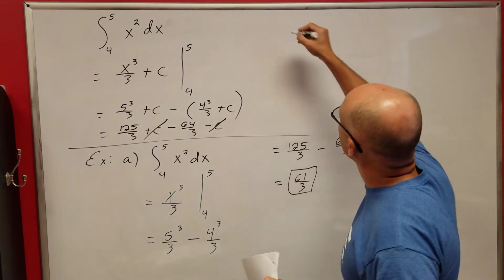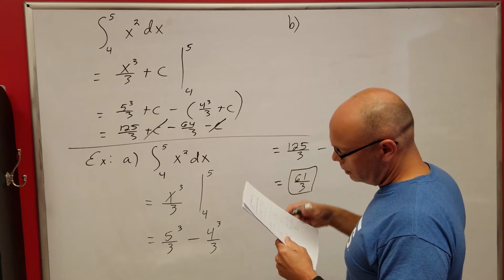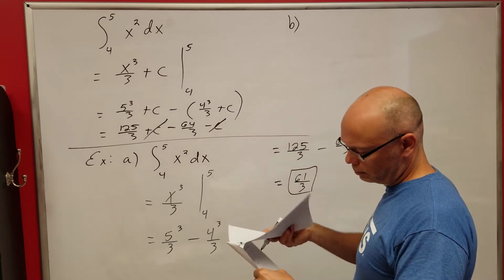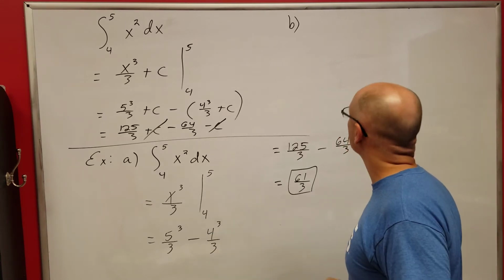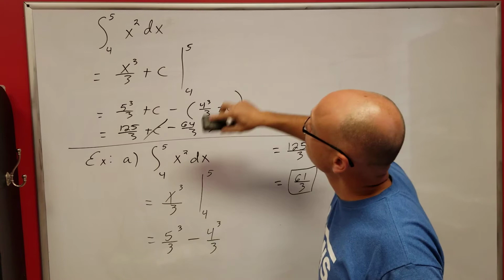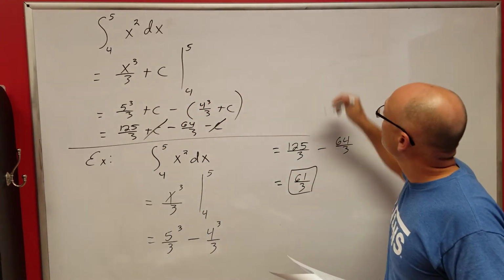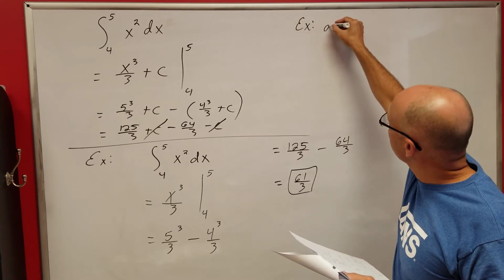Part B. We have the integral from, let me find where it's at. Well, I guess I don't have a part B on that one. So instead of calling it A, we're just going to call that example. All right, now I have my next example, and it tells me to evaluate this one.